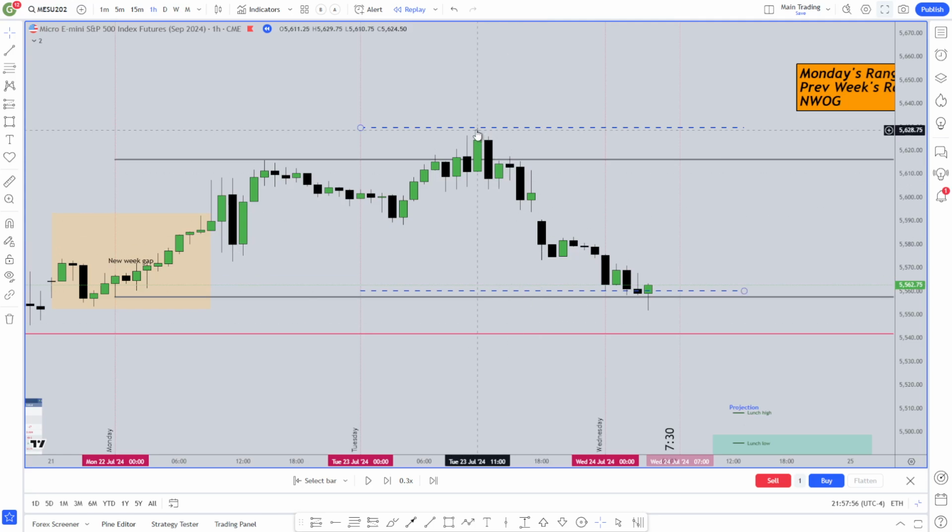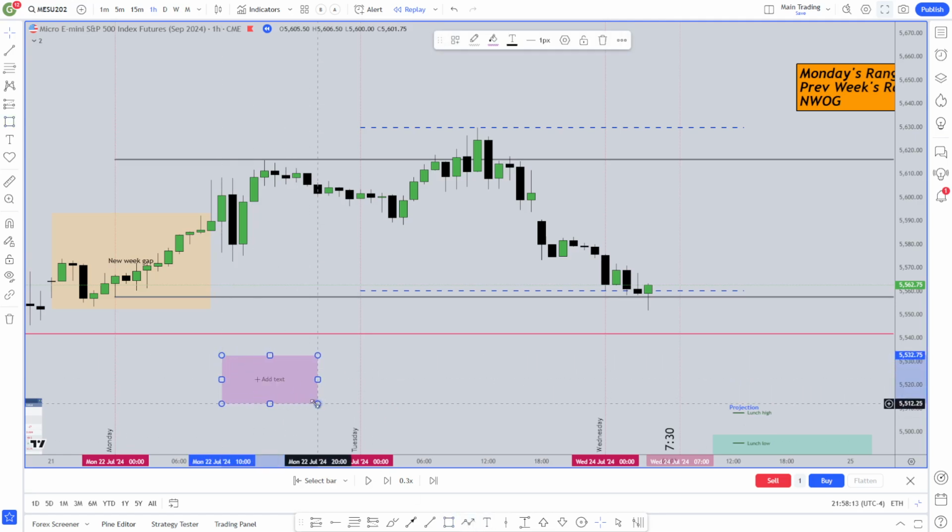So we're caught between a situation where liquidity has been taken on both sides of Monday's range. So Monday's range has buy side taken, and down at this point we also have sell side taken. So as ranges go, we've seen price clear buy side, clear sell side, and now we're wondering where it's going to go next.